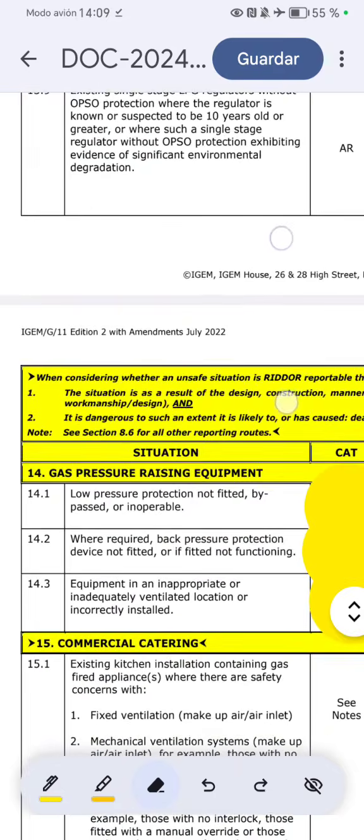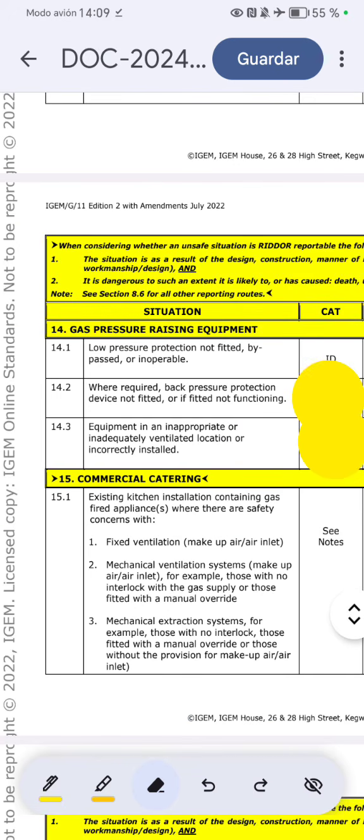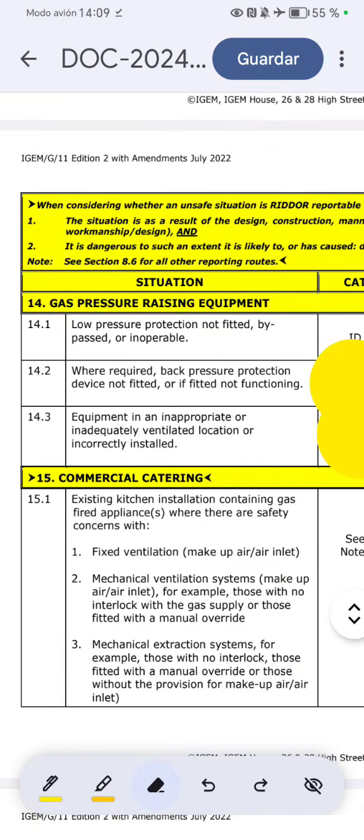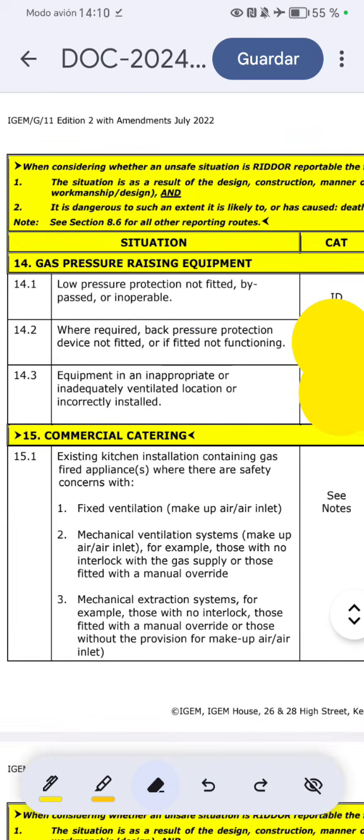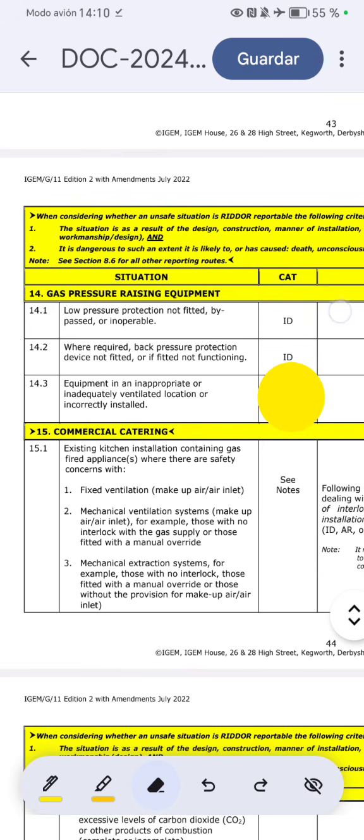Okay. Gas pressure raising equipment. 14.1. Low pressure protection not fitted, bypassed or inoperable. At risk. ID. Low pressure protection not fitted. Oh, okay. I see. Where required, back pressure protection device not fitted or not functional. I'm going to say ID now.